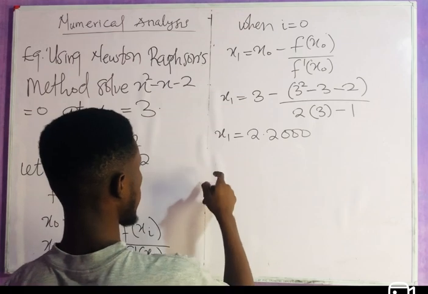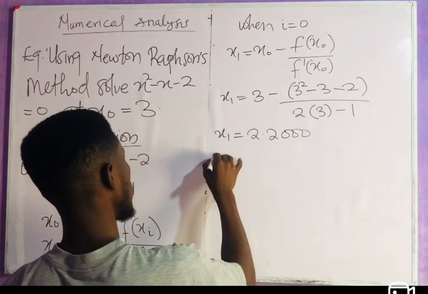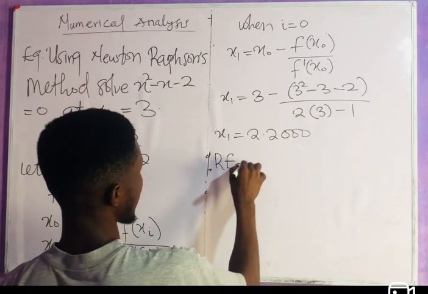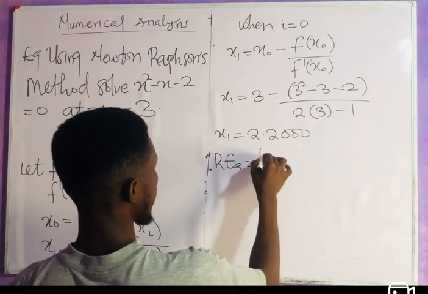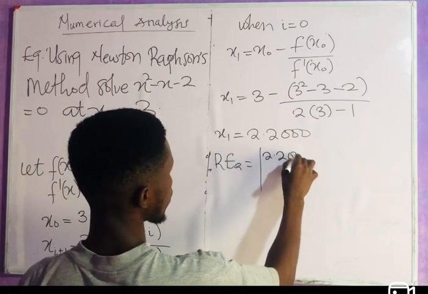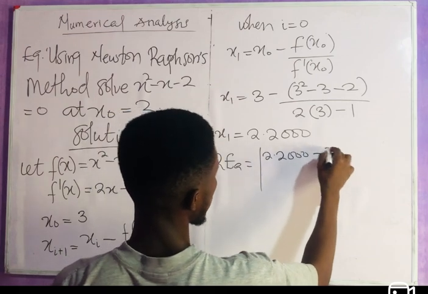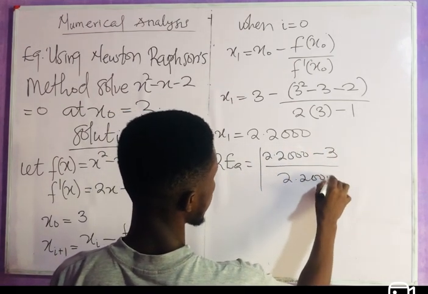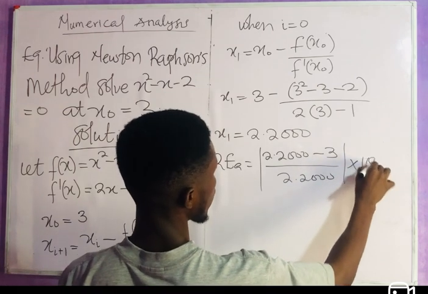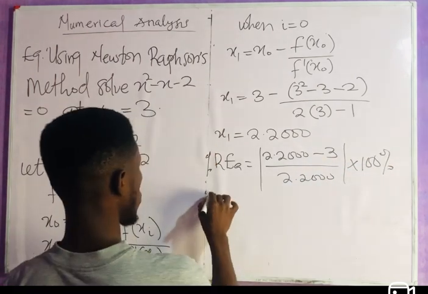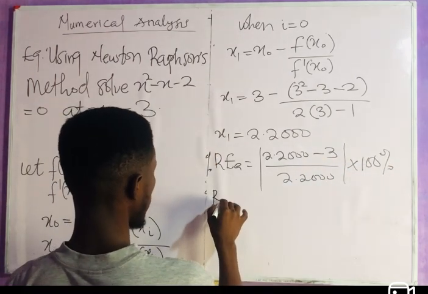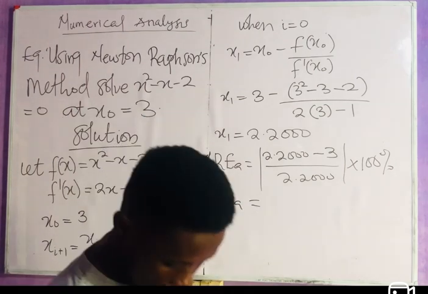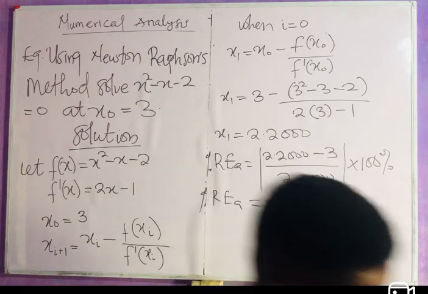We can get a relative approximate error here. That will give you, I always forget the percentage, the current, which is 2.200, minus the previous, over the current 2.200, multiplied by 100. So our relative approximate error will be, let's do it together.